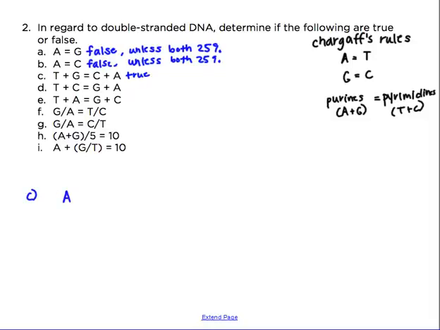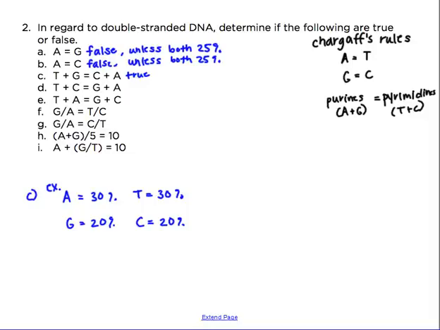If A is equal to 30%, that means that T is equal to 30%, which totals 60%. Now there's 40% left, divided by 2, means that G equals 20, and C equals 20.